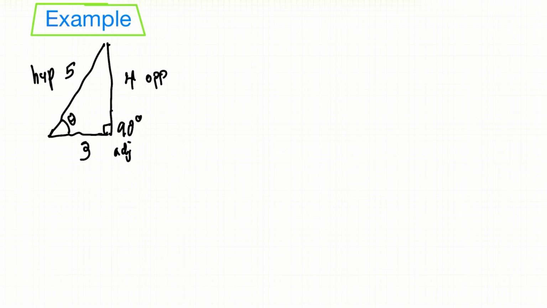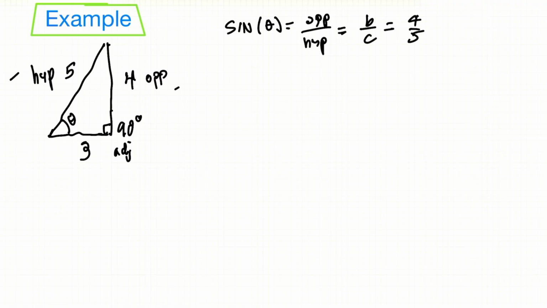Let's use all these different functions and figure out what their numerical values would be. Sine of theta, we know, is the opposite over the hypotenuse. That's b over c, which is 4 over 5.